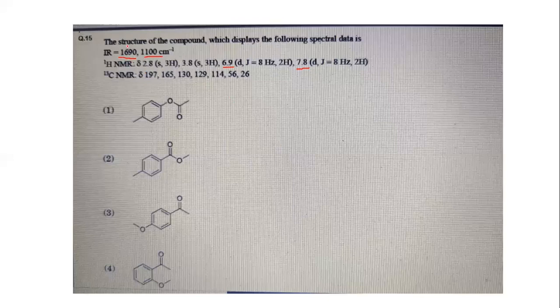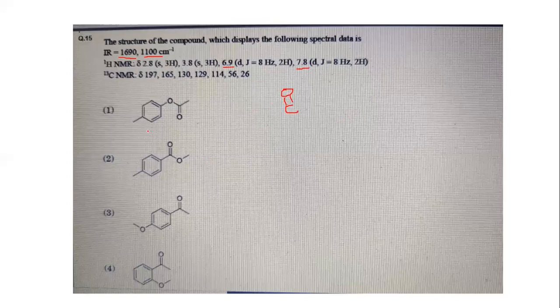A peak at 1690 indicates the carbonyl, but it belongs to a conjugated ketone. That is, conjugation decreases the frequency by around 25 to 30 centimeter inverse.